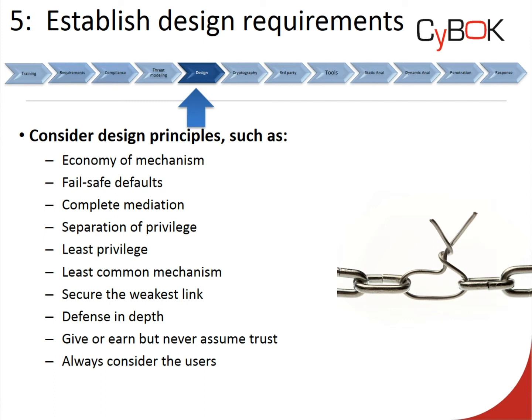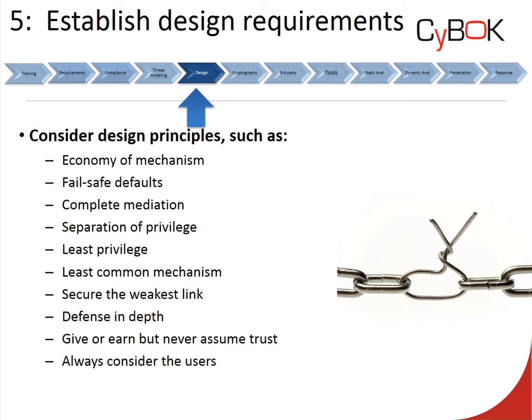Economy of mechanism, making sure that you keep the design of the system as simple and small as possible so that it's less complex. Fail-safe defaults. You want to base your access decisions on permissions rather than exclusions. You want the default to be lack of access and the protection scheme to identify conditions of when an access should be allowed.